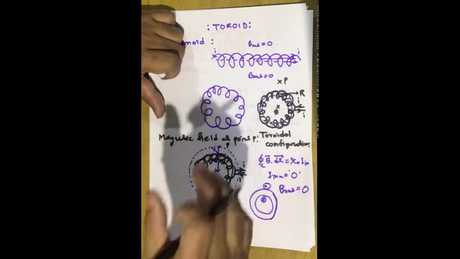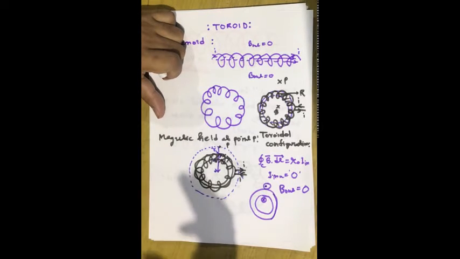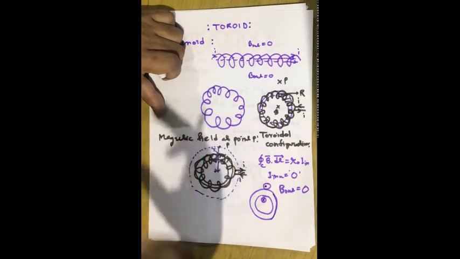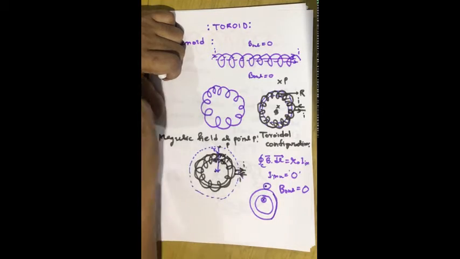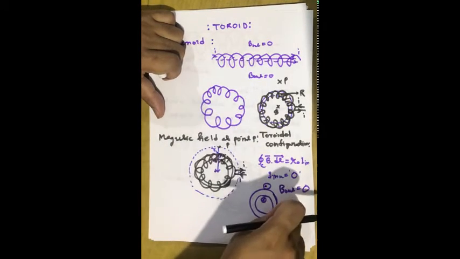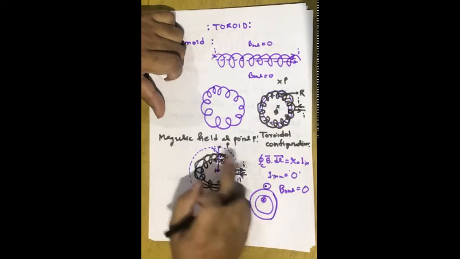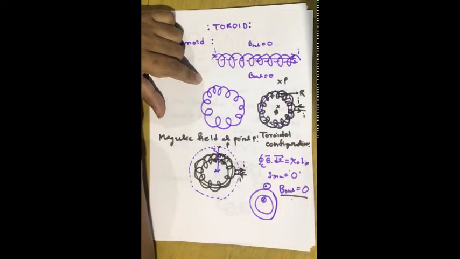If at one point we imagine current enters, then at the other point the current leaves the surface. So whatever current enters into the toroid just leaves it. If we imagine an Ampere's loop outside of the toroid, the net current enclosed by this outside loop will be equal to 0. Therefore, the magnetic field outside the toroid will have the value B outside equal to 0.